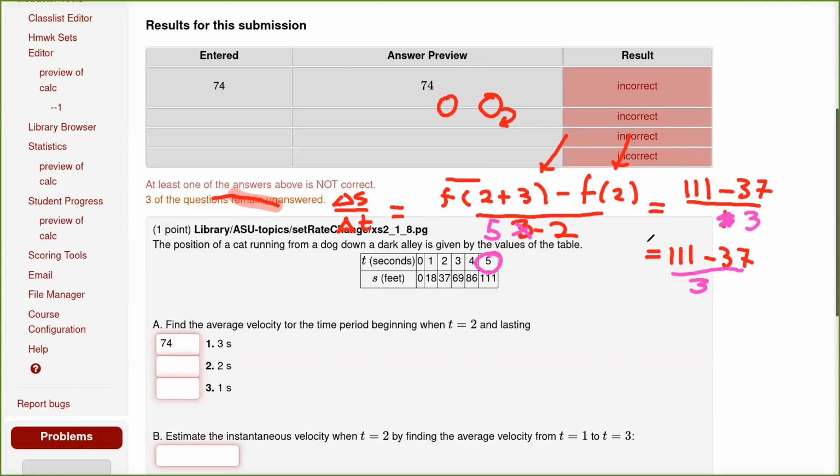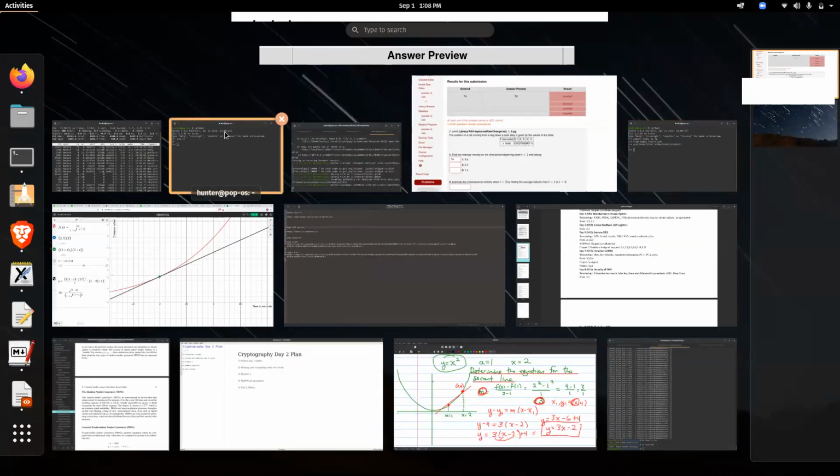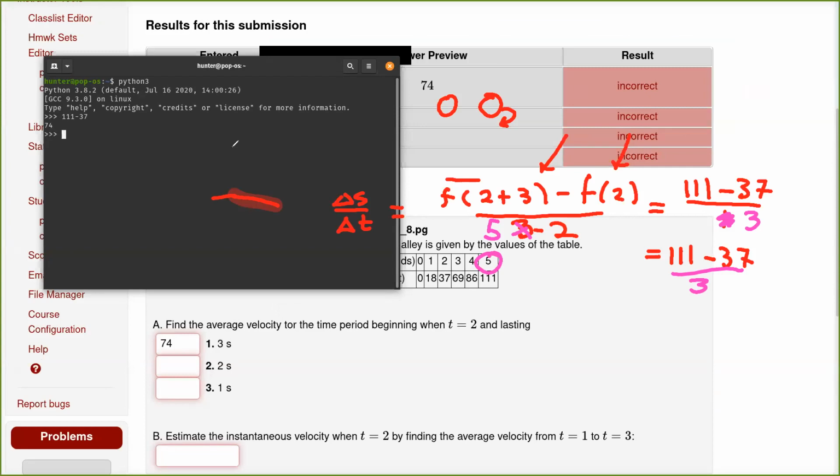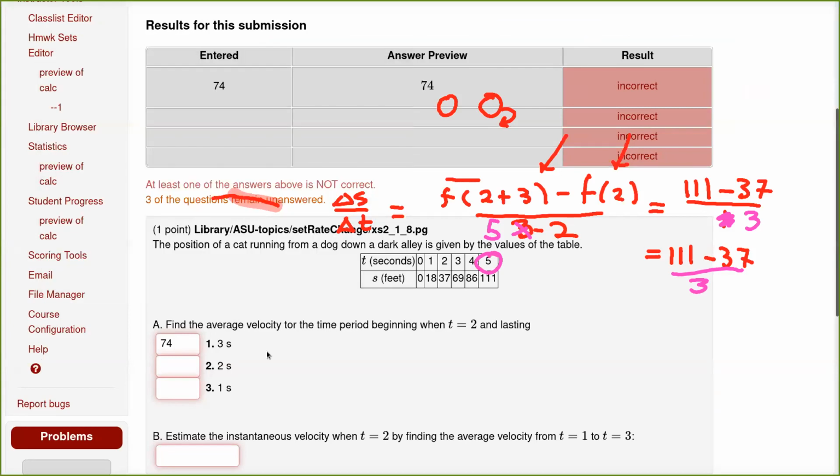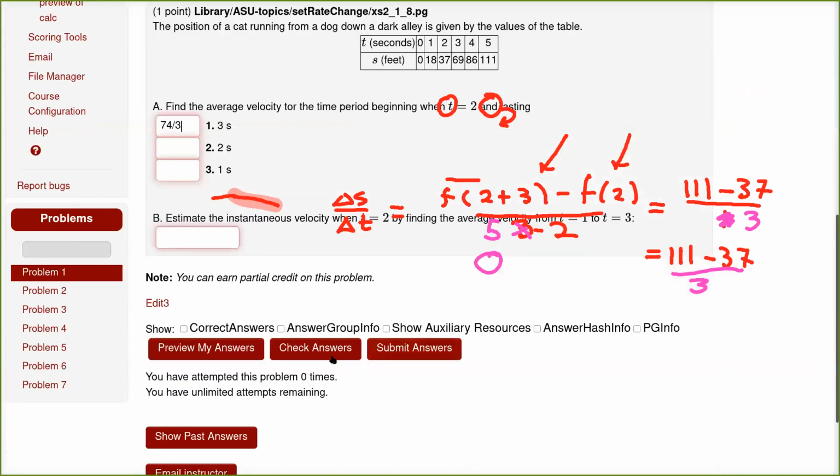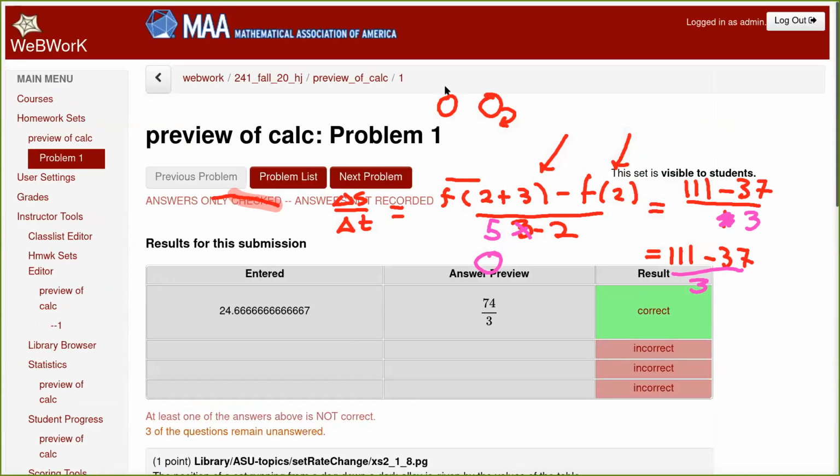Okay, sorry about that. And if we type in 74 divided by 3, then we get 24.66666. Let's come back here. We'll just do it this way, 74 divided by 3, and that's the correct answer.